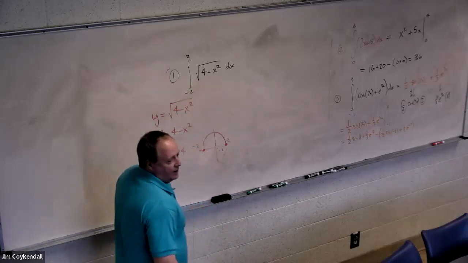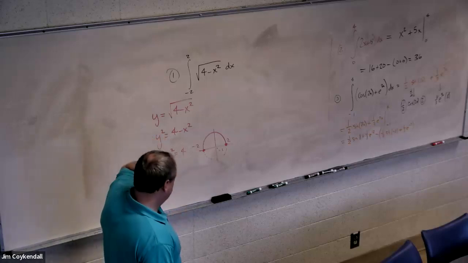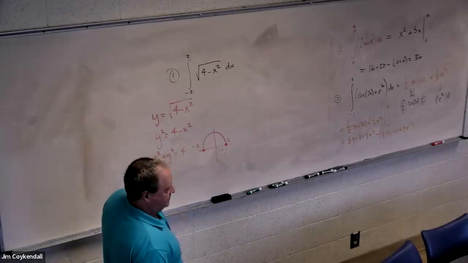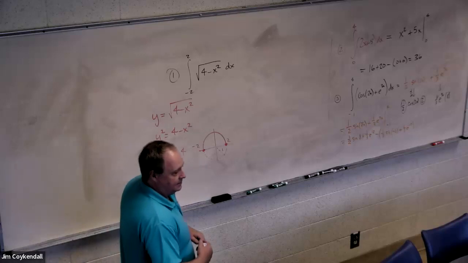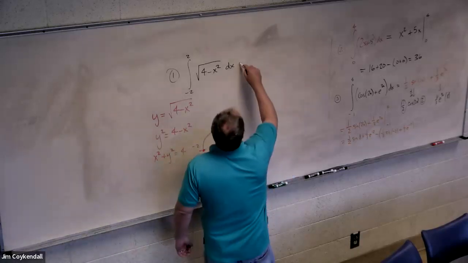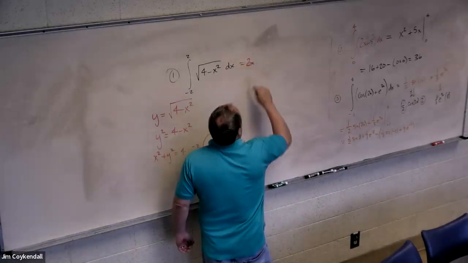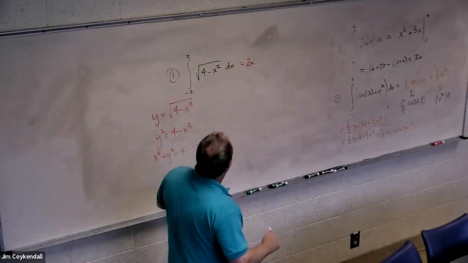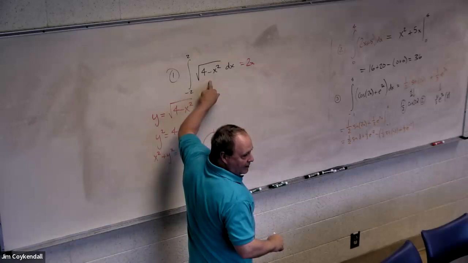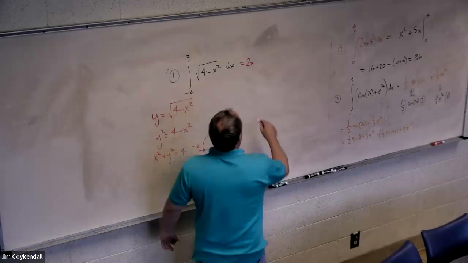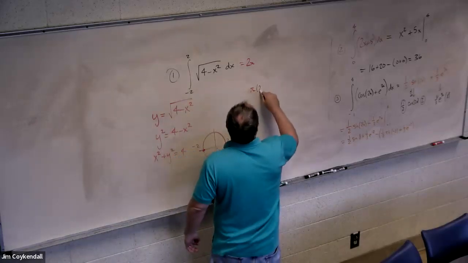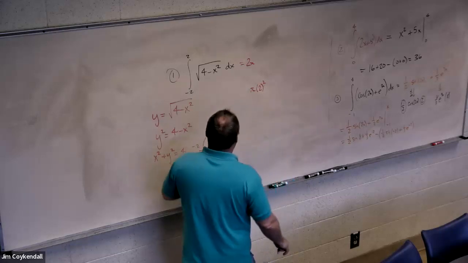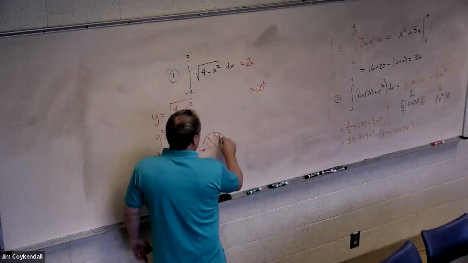What's the answer? Where do I get that? What's the area of a circle of radius 2? Radius squared, but this isn't the whole circle.